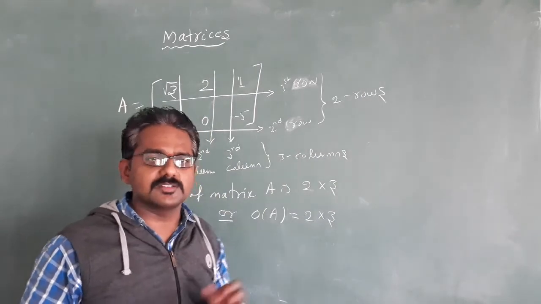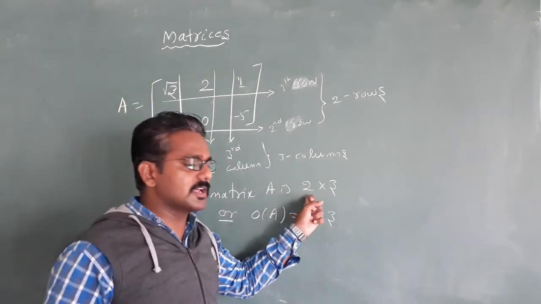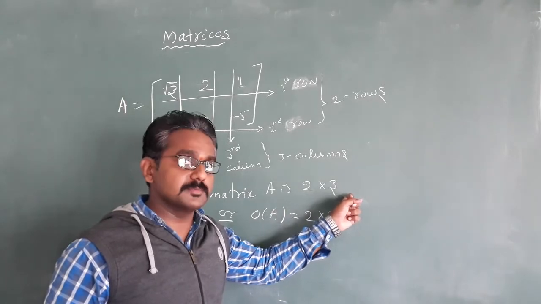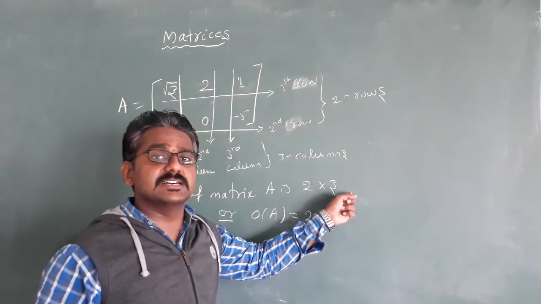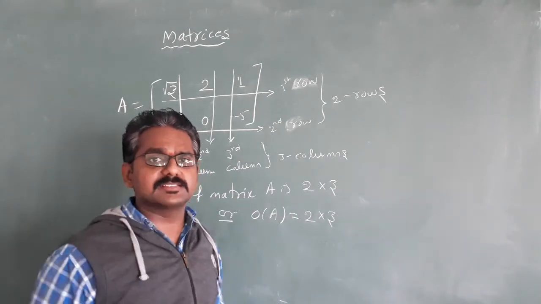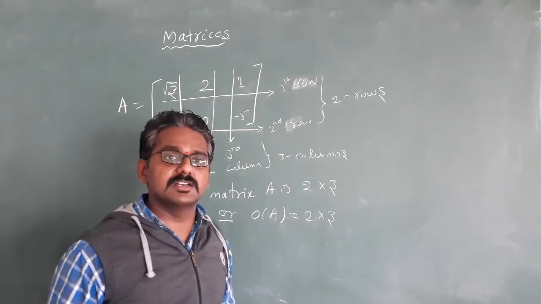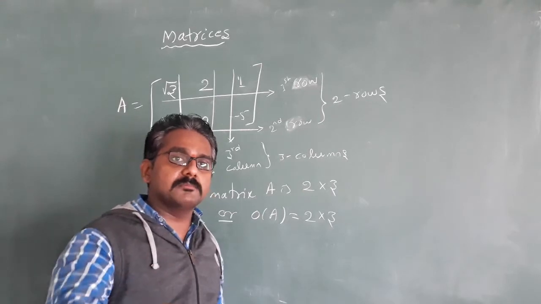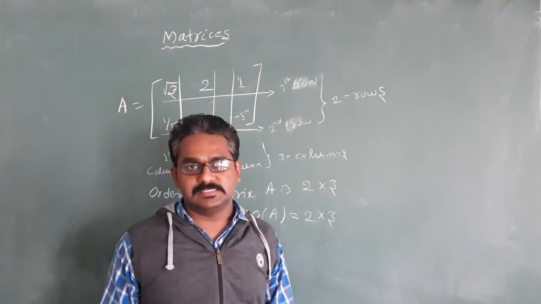Already we know that the order of the matrix consists of the number of rows and the number of columns. So, while mentioning a particular element of the given matrix, we must know in which row and which column the element exists.